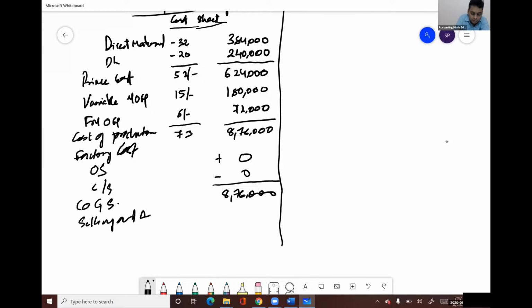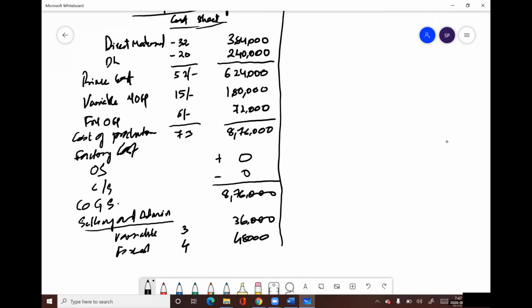Variable selling is 3 rupees per unit, sir. 12,000 into 3, 36,000. 4 rupees per unit for fixed, sir. 48,000, sir. What is this? Total is 9,60,000. What is the name for this 9,60,000? Administrative cost.